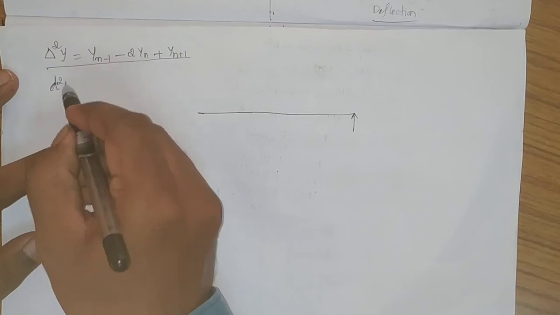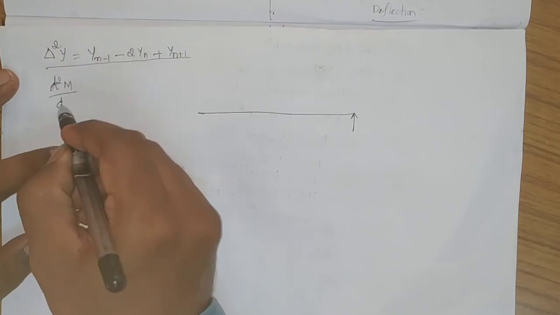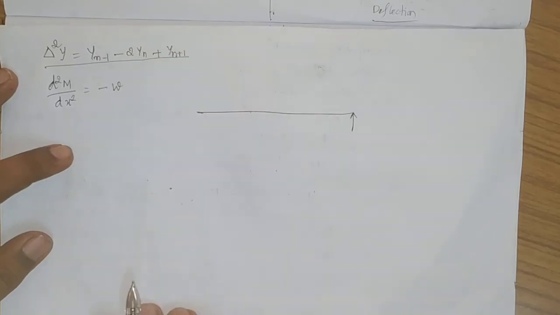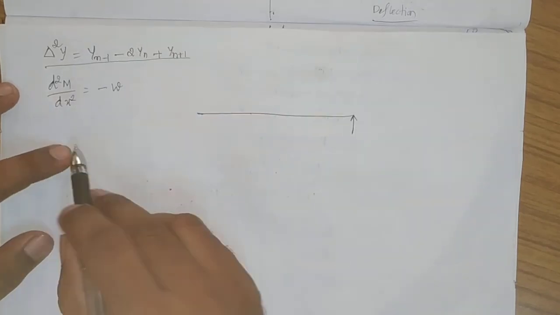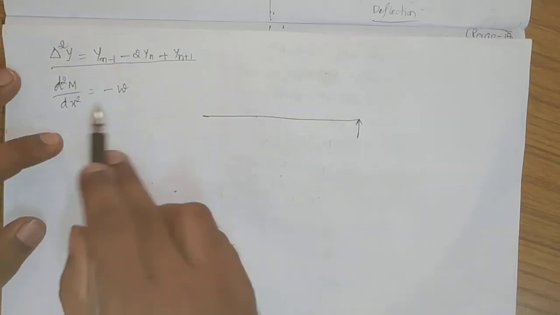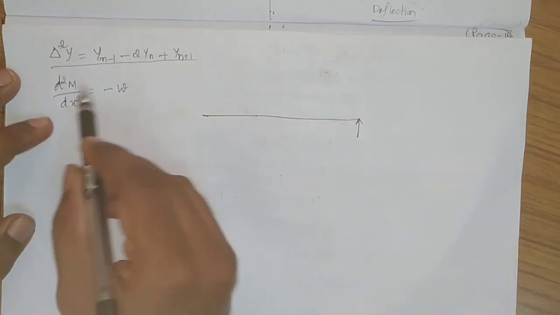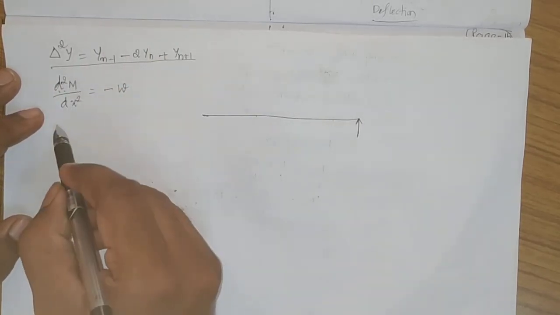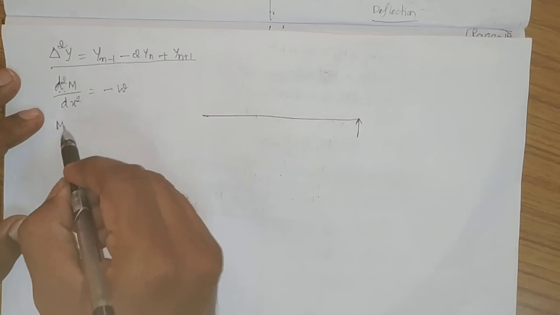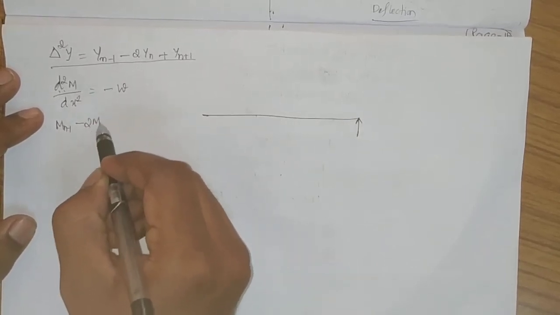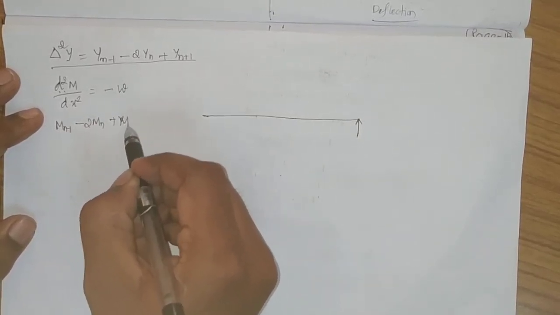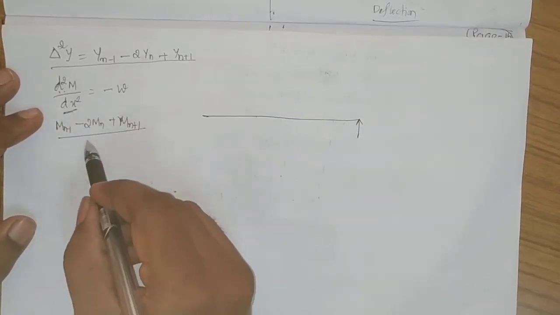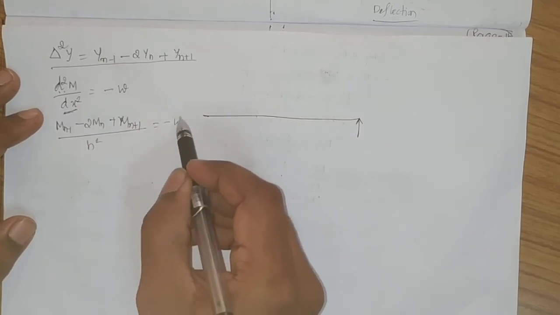We know d square M by dx square is equal to minus w. This is from strength of metals, which we already know. So you just apply this concept here, and you will get M(n-1) minus 2Mn plus M(n+1), divided by dx, which is nothing but interval h square, is equal to minus w.